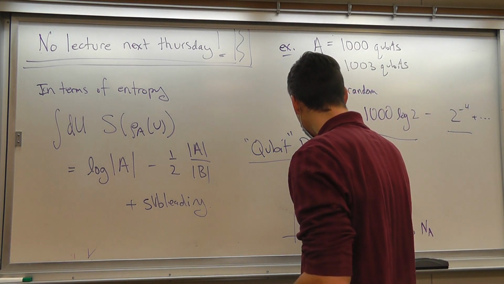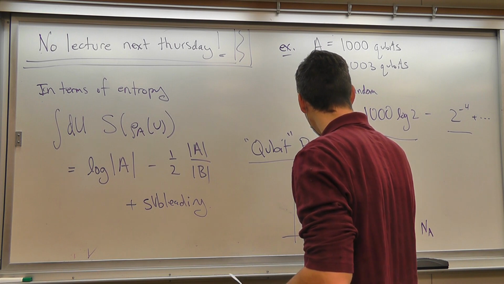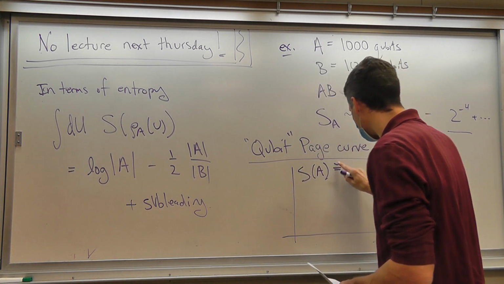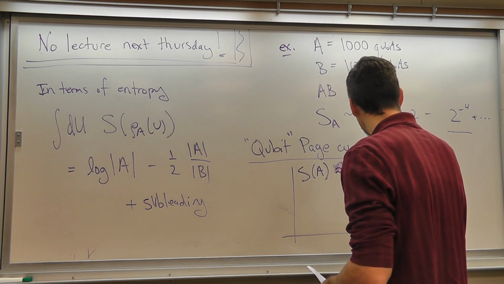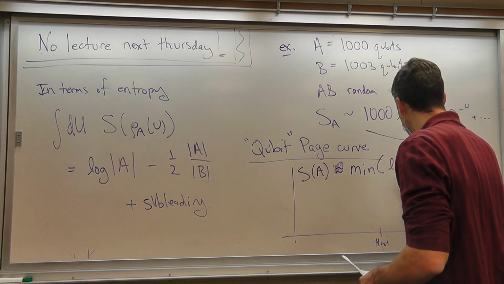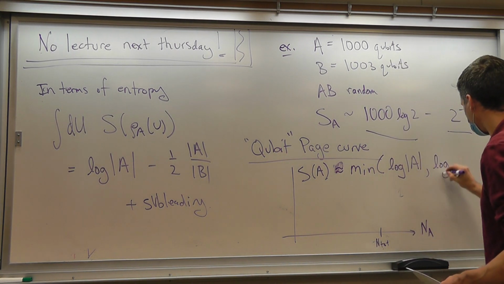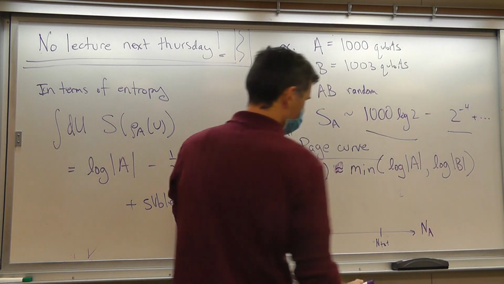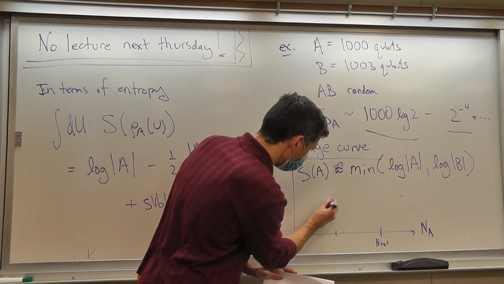Then S of A is, to very good approximation, the min of the log dimension of A and the log dimension of B. So if we plot that, it just turns over in the middle.